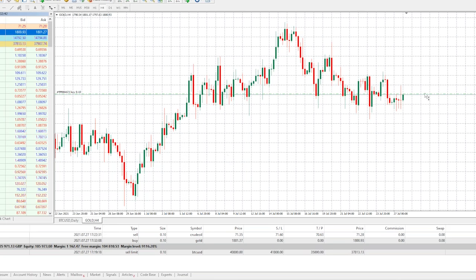And if that's how you feel, then buying here and dropping my stop loss just below, say, 1790 is that support level here, then that might make sense for someone who's bullish on gold. And those inflationary fears that are there, if you feel they'll get worse before they get better, you might take advantage of a dip in gold as it came down from 1830 last week to just below 1800.